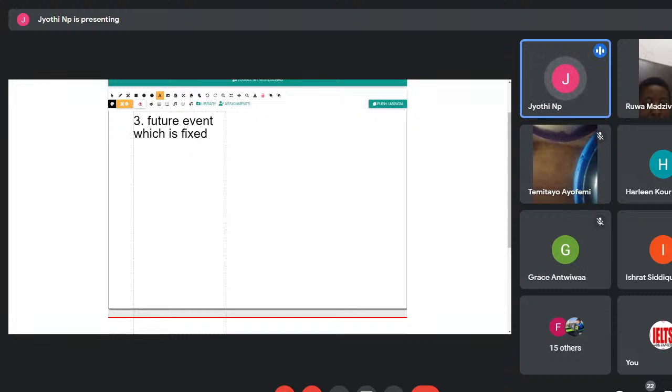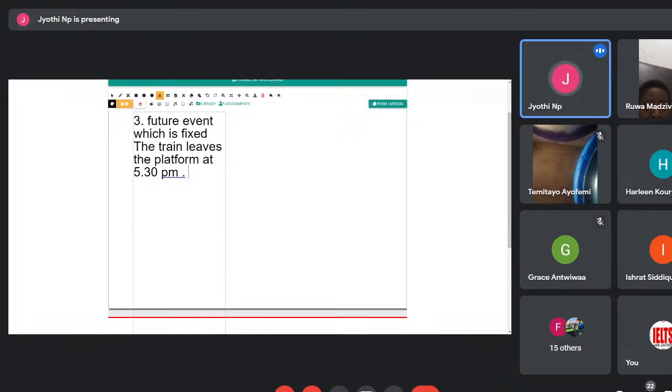For example, the train leaves the platform at half past 5. So this is when you want to talk about a future event.